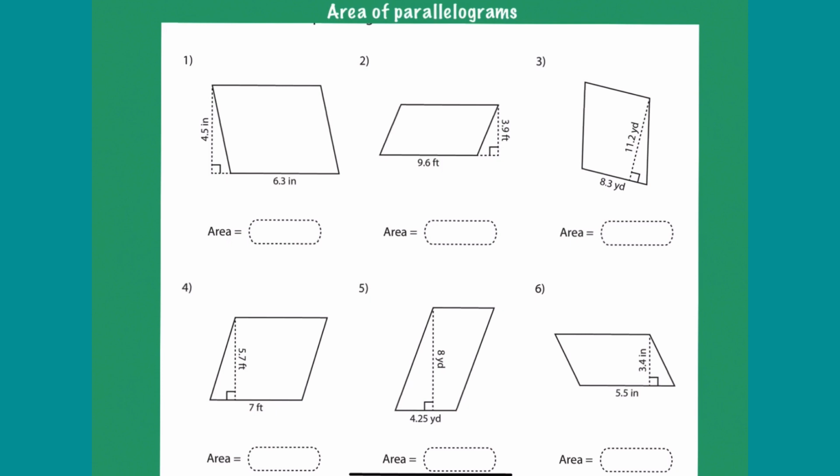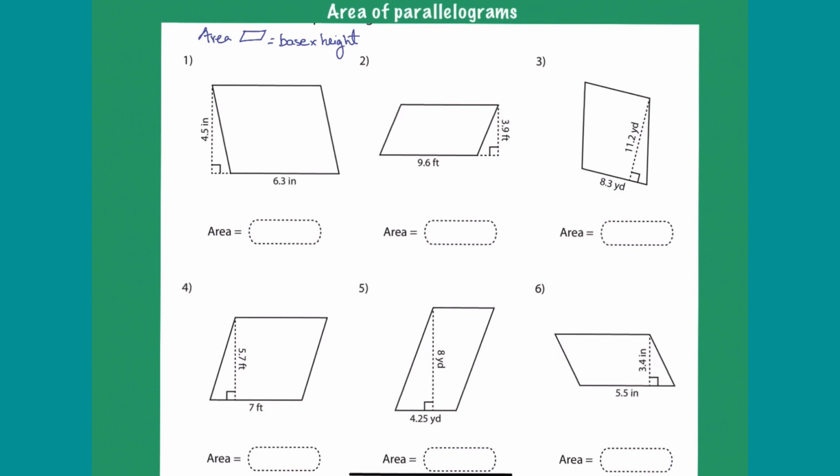So all you have to know is the area of a parallelogram is base times height. Okay, in a triangle, you would have to divide it by 2. But over here, you only have to do base times height.